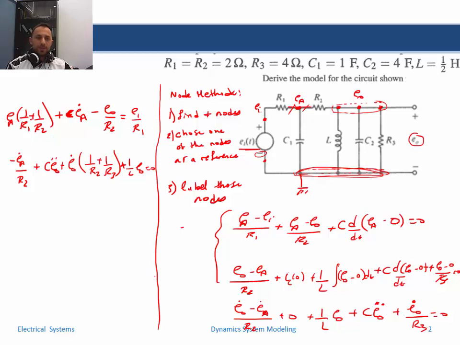Let's substitute with the numbers. We have R1 and R2 equal to 2 ohms, so 1 over 2 plus 1 over 2 is equal to 1, so we have EA.